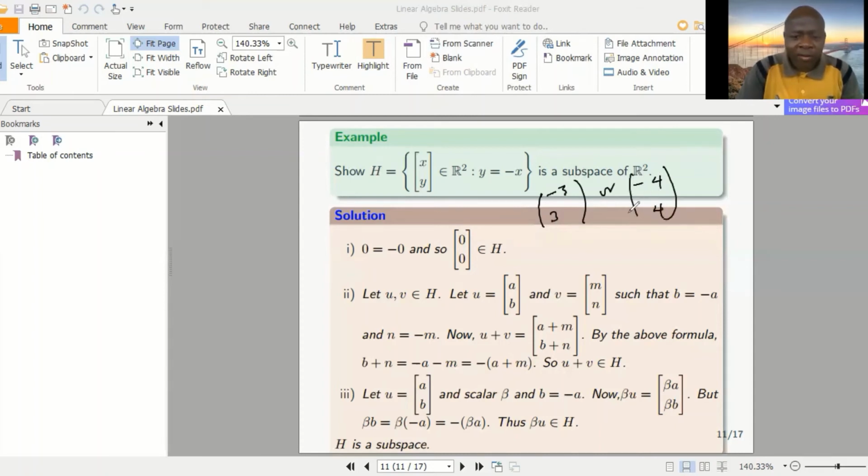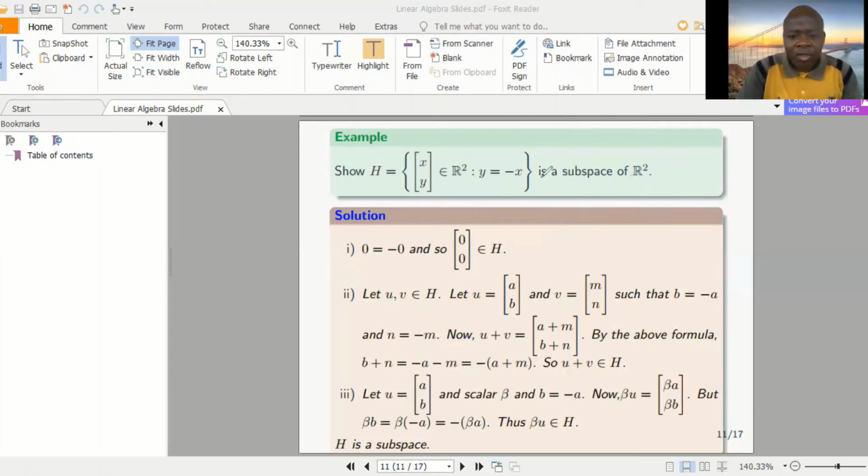So these are the kind of elements you are having, that the second element and the first element are equal but different in sign. That's what this question is telling us. So this vector will be in H, and several other vectors that obey this are in H.